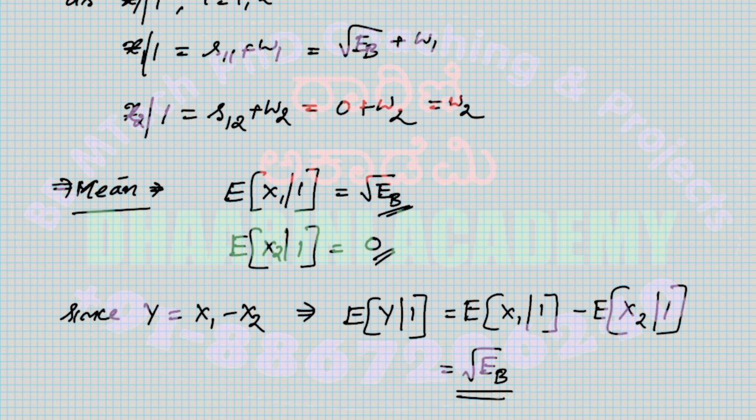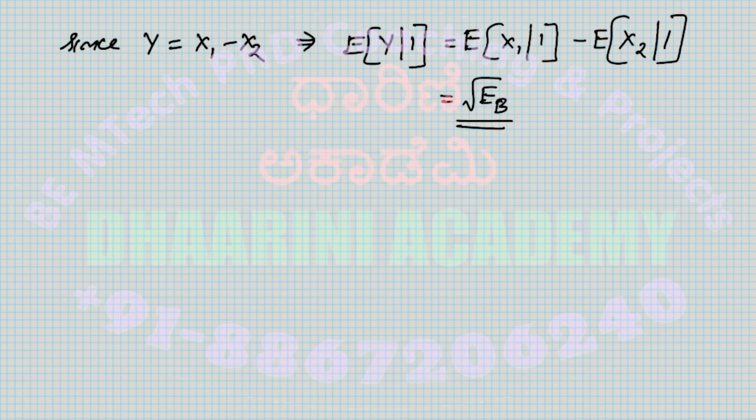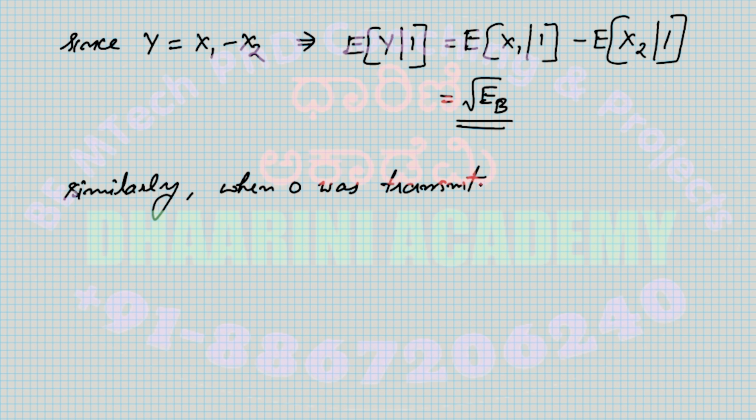Okay, now this was the calculation corresponding to 1 being sent. Similarly, do the calculation for 0 being transmitted. When symbol 0 was transmitted, what happens? The x of t is denoted as s2 of t plus w of t, right?